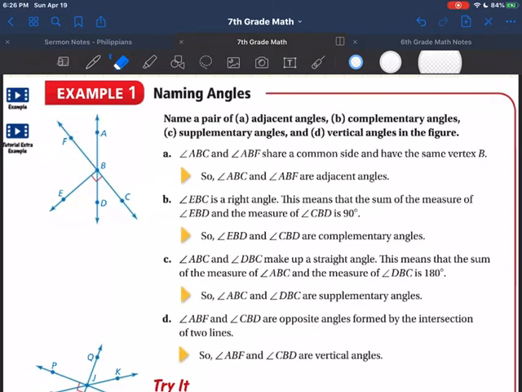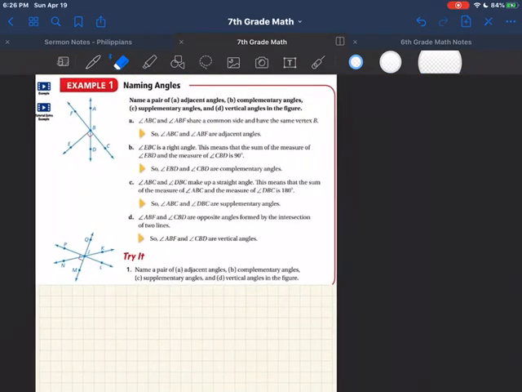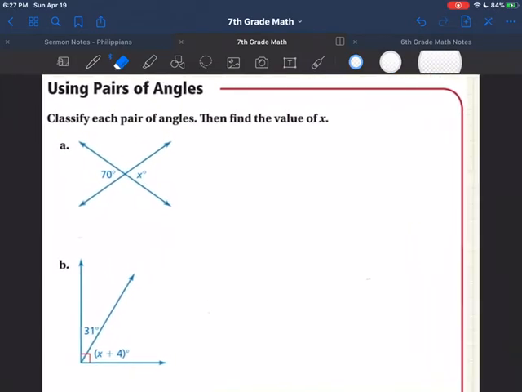Okay, so ABF and CBD, this angle here and this angle here are opposite angles, so they're called vertical. So this line and this line intersect, and therefore this and this are opposite angles. Those can be a little tricky sometimes. All right, we definitely don't have time to look at that one. We have a lot more to do here.